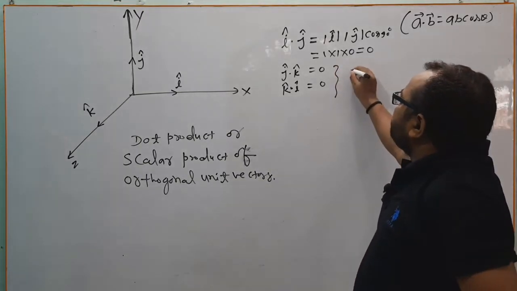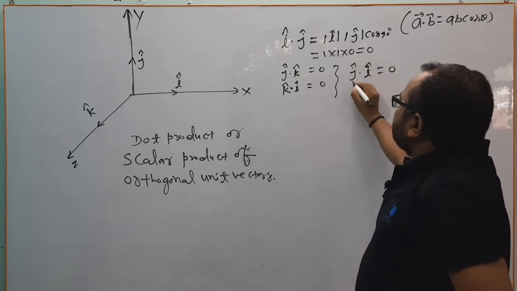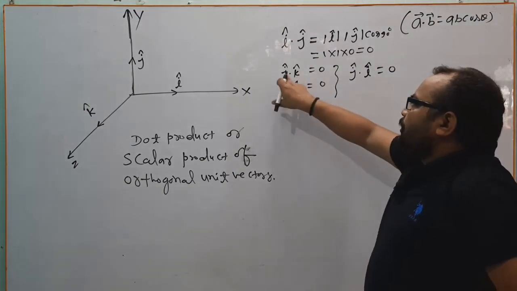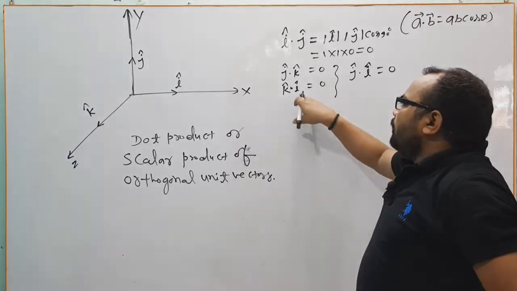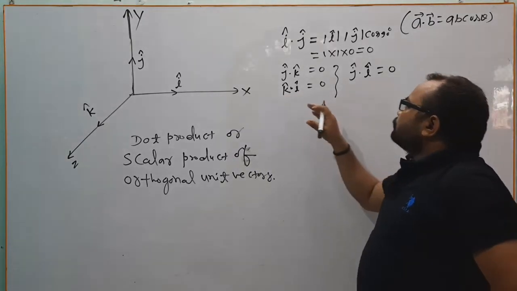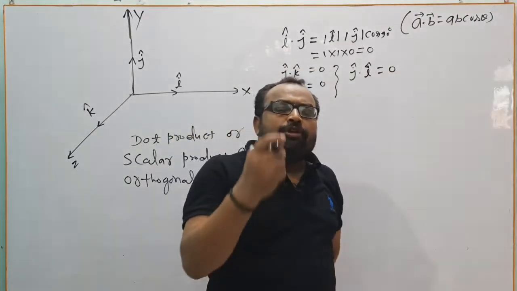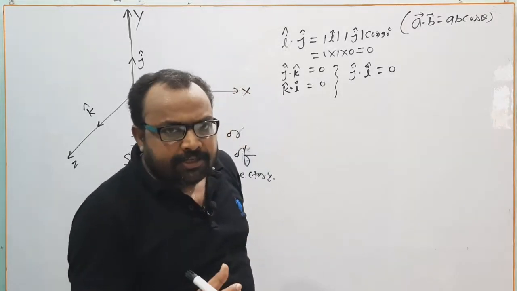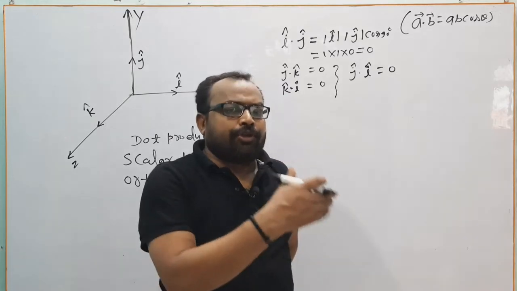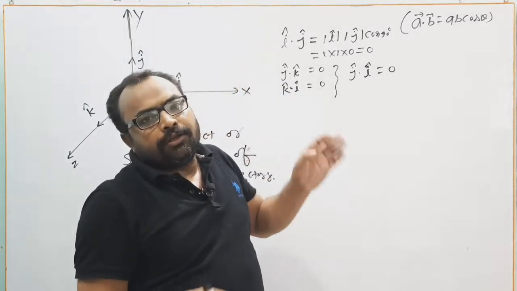If we write j dot i, then it will also be 0. Similarly, k dot j will be 0, and i dot k will also be 0. So if we take two different orthogonal unit vectors, the dot product is 0 because the angle between two orthogonal unit vectors is 90 degrees.